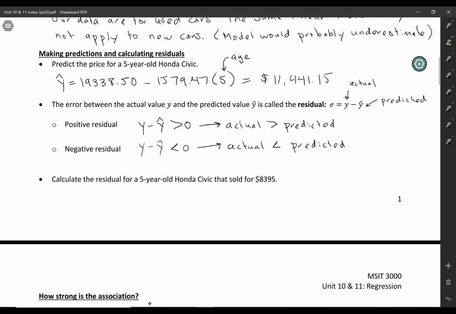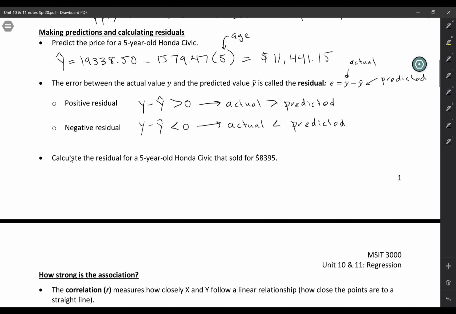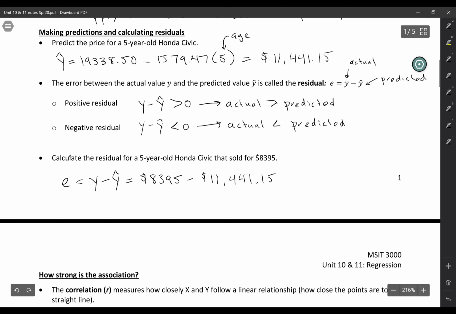And let's calculate the residual for one particular car. We have a 5-year-old Honda Civic that sold for $8,395. Okay, so we've got our residual, we're representing that with e, is the actual minus the predicted. So the actual price of the car, $8,395, minus the predicted price, we calculated this a second ago, $11,441.15, and we end up with a negative residual, negative $3,046.15.